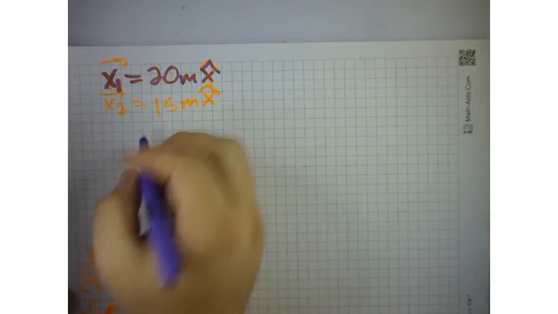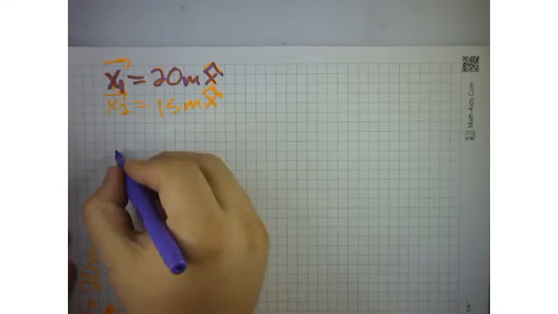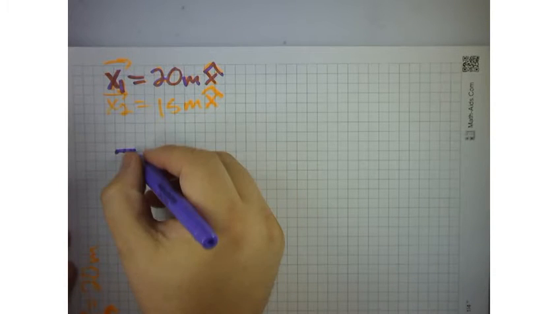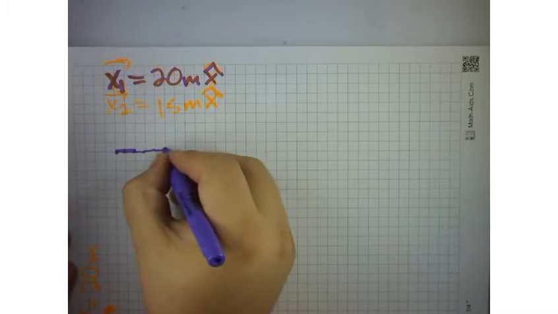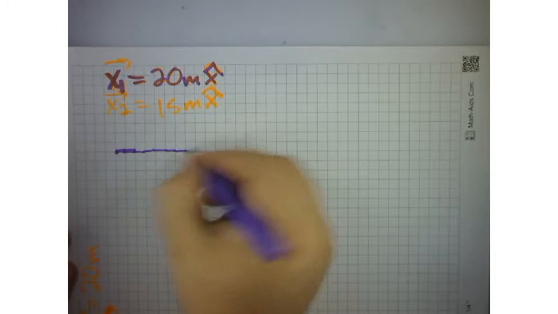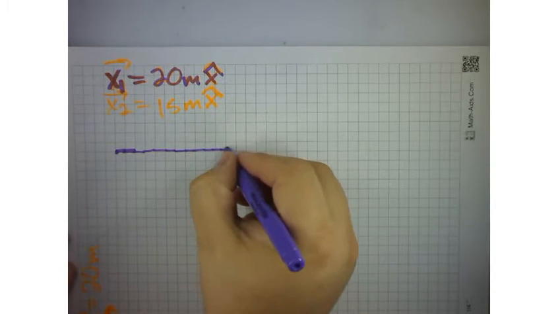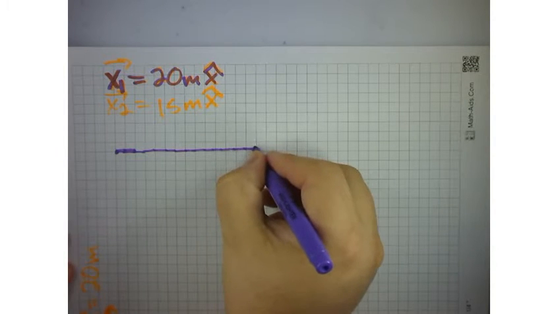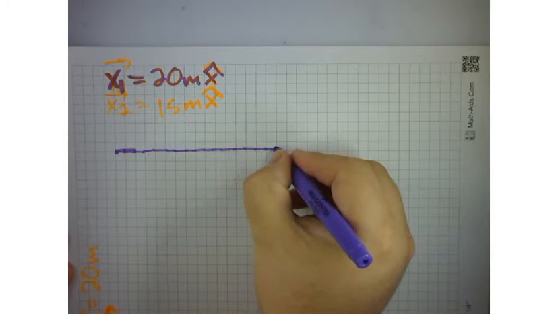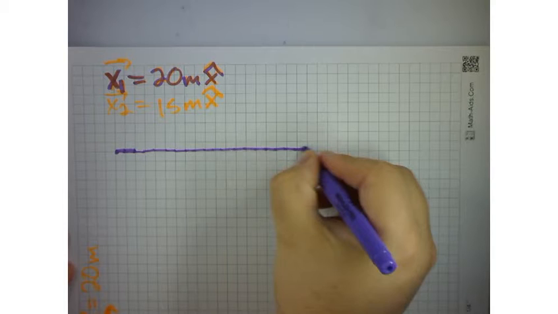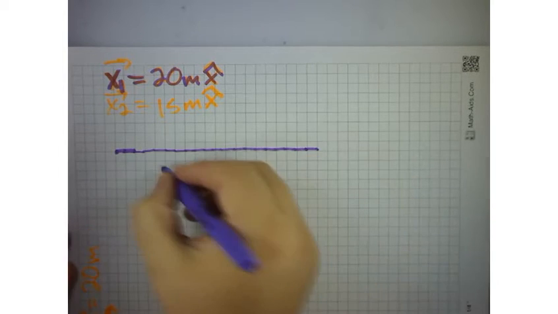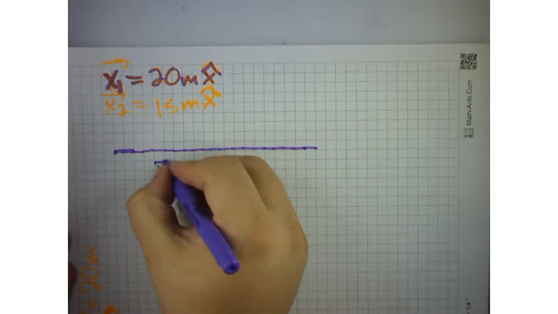What that means is if I start here and I go 1, 2, 3, 4, 5, 6, 7, 8, 9, 10, 11, 12, 13, 14, 15, 16, 17, 18, 19, 20. This is x sub 1. That's a vector.